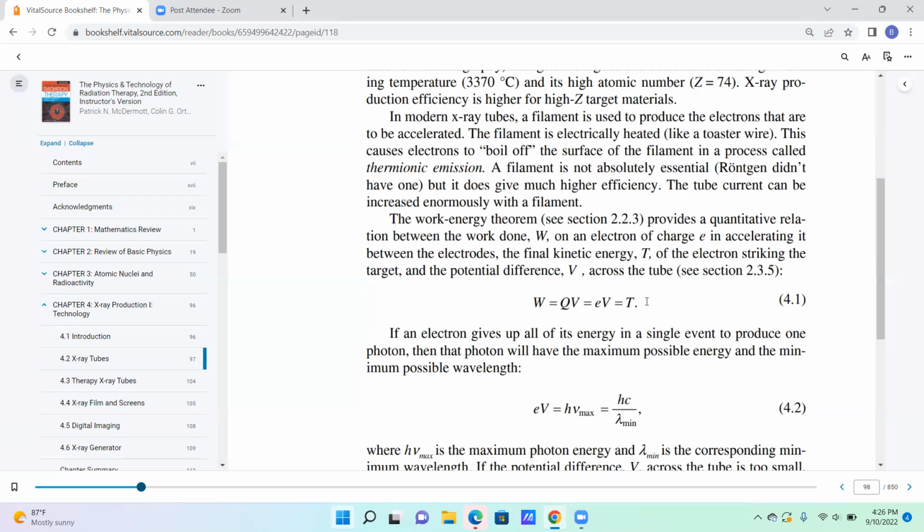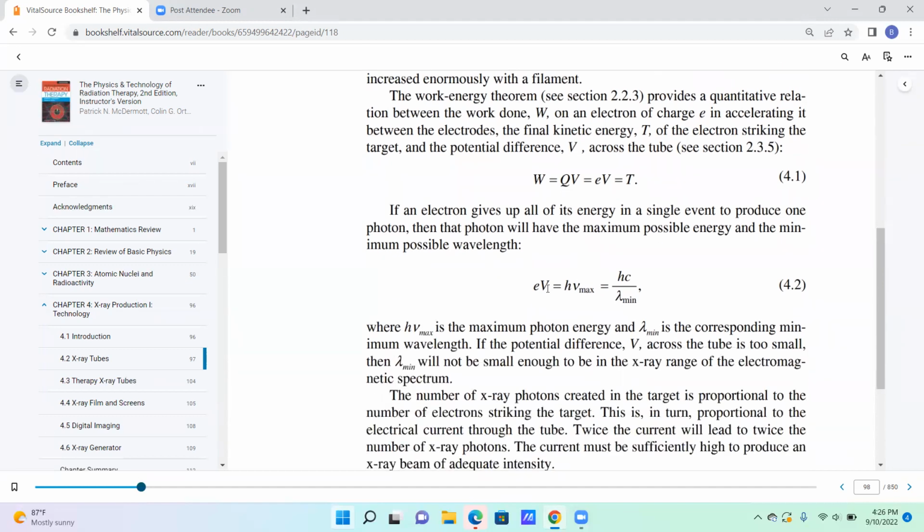This is going to be the amount of kinetic energy that they gain. Well, that amount of energy, if all of it were to be used up in a single event of an electron slowing down, then the maximum energy of a photon being emitted depends, of course, upon its frequency, or c over lambda, which is this relationship turned around, since the frequency multiplied by the wavelength will give you the speed of light.